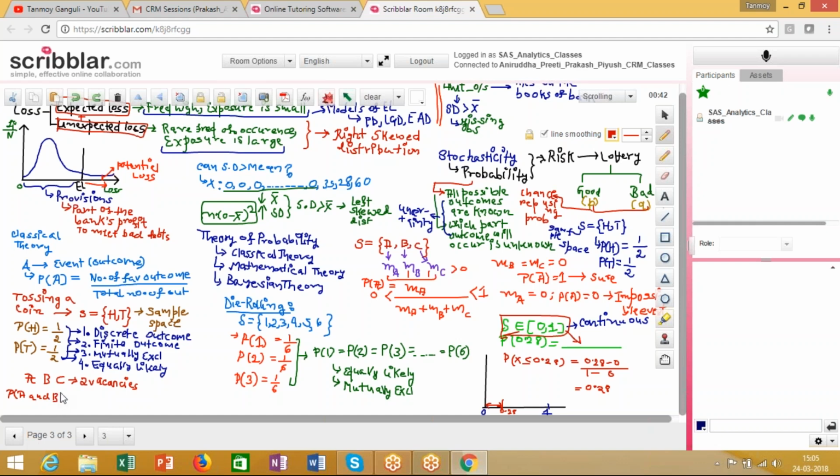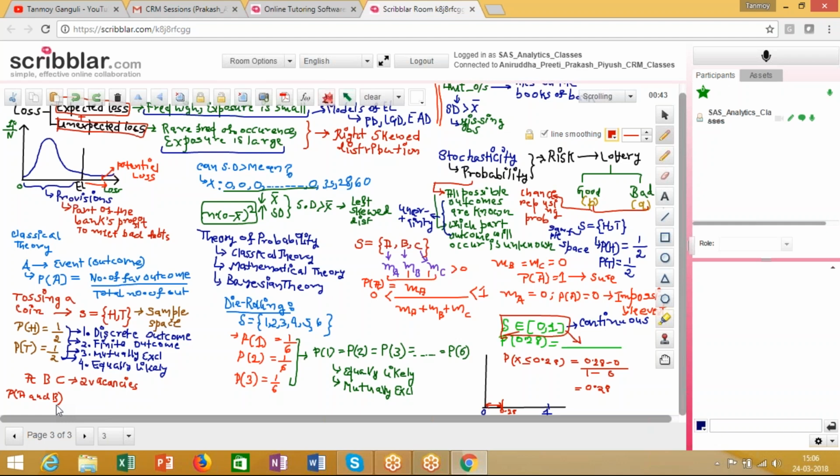where both A and B have their individual probabilities of cracking the interviews, which need not necessarily be equally likely.